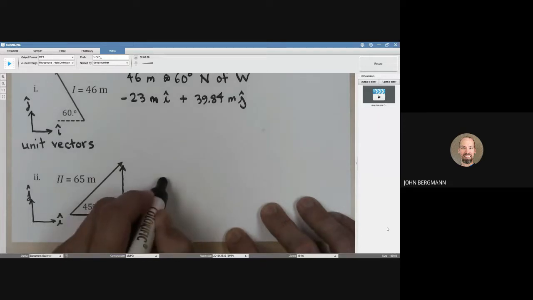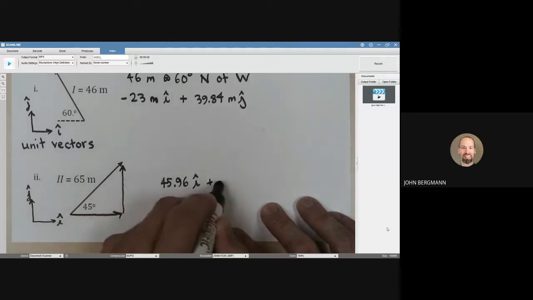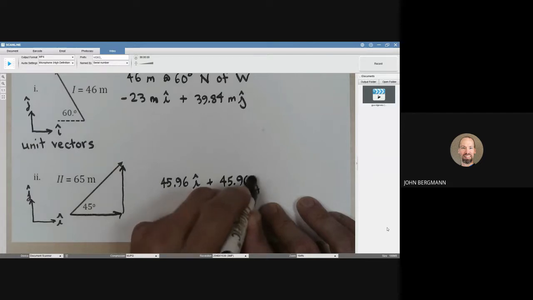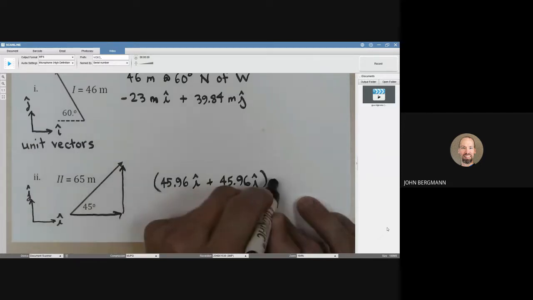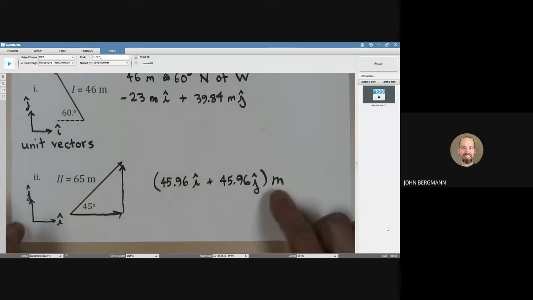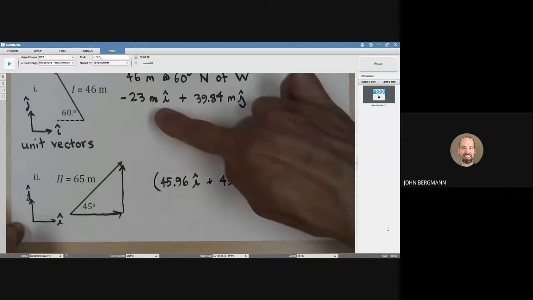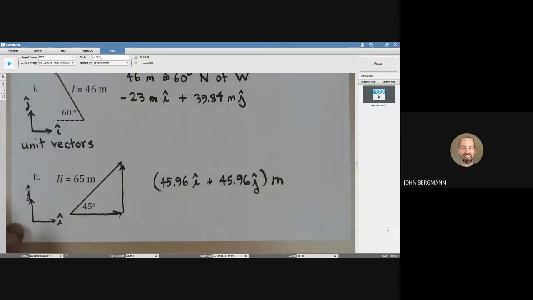That would be 45.96 in the positive I hat direction and 45.96 in the positive J hat direction. You can put parentheses and then put the unit on the outside, or at the top of the screen you can see I put the unit next to each term. Either one is okay.